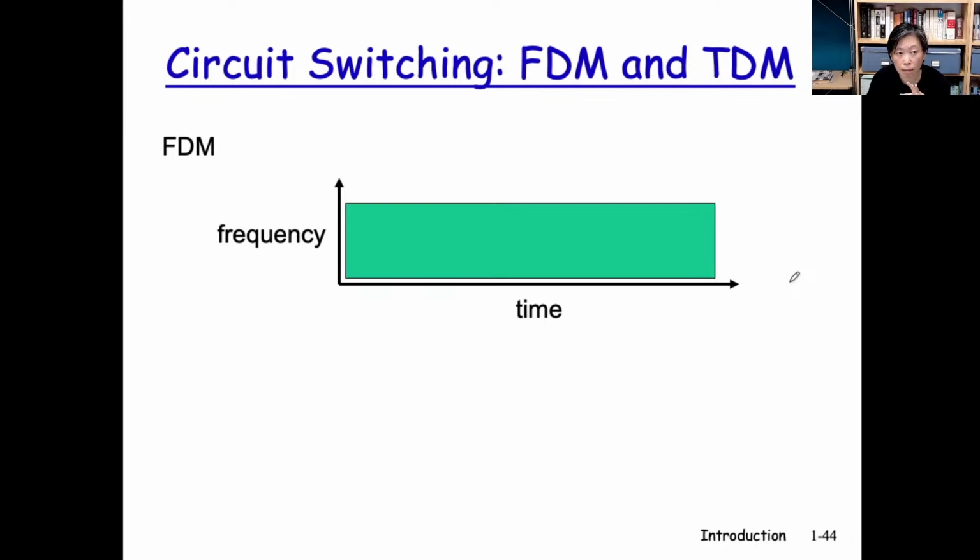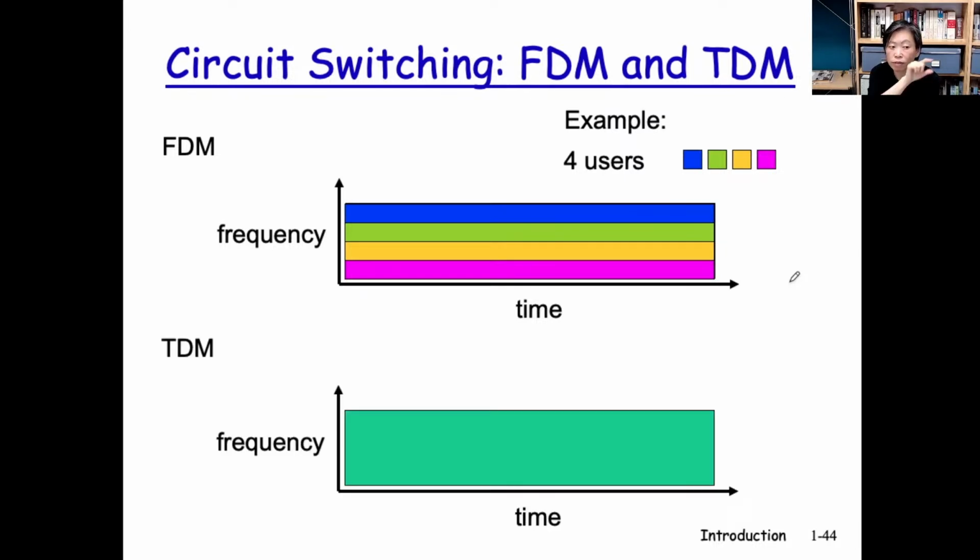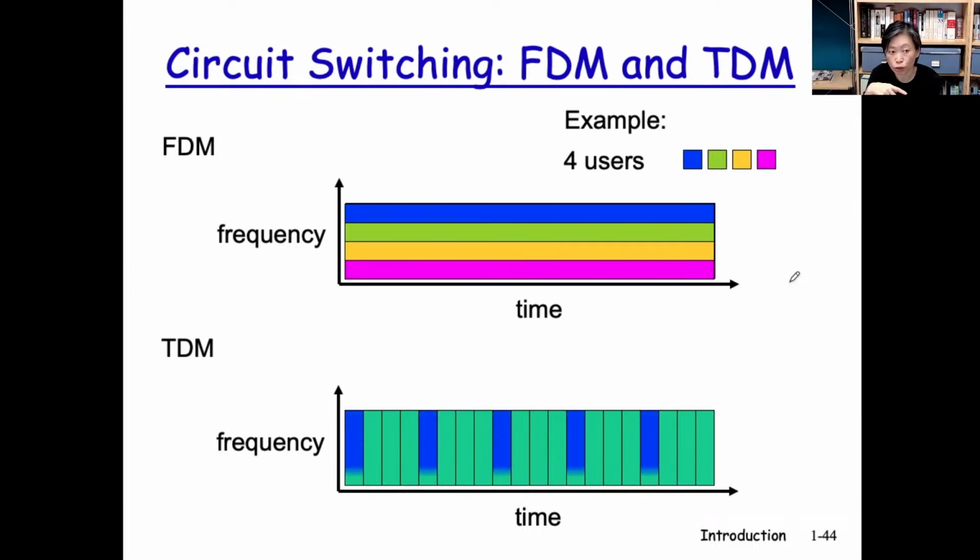The example on the top is doing FDM, where we divide the entire frequency band into 4 equal parts: 1/4 to the blue user, 1/4 to the green user, to the yellow user, and the pink user. TDM works this way. Instead of dividing the frequency dimension, let's divide in the time dimension. With these time slots, we allocate the time slots in a rotating fashion to the 4 users like this.